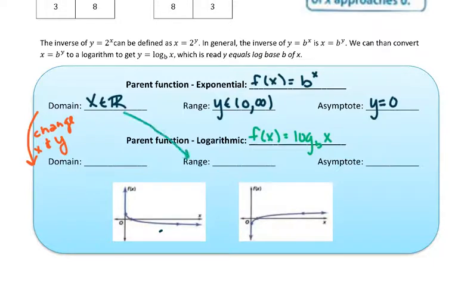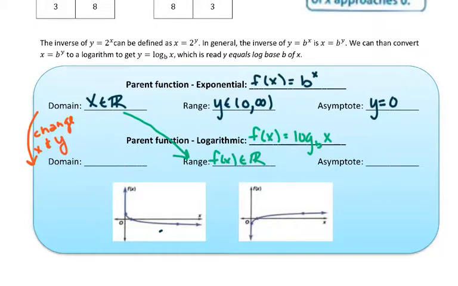Okay, so now your range is going to be f of x is an element of all real numbers. So then your range, which was your y values, now these are going to become x values. So that helps you determine what your domain is going to be.